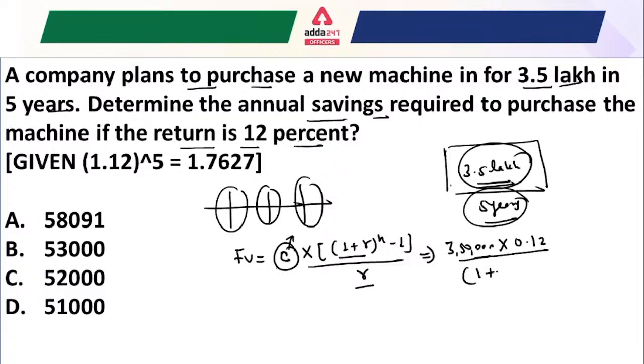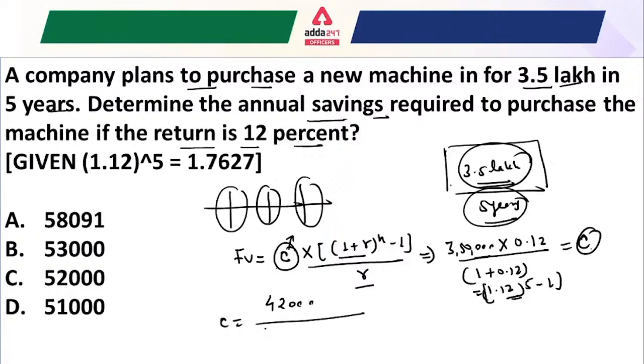So this will be 1 plus 0.12, which we can also write as 1.12 to the power 5, minus 1, okay. So now we only have to solve for the cash flow. If we multiply 3,50,000 into 0.12, what will be the value? Just calculate that; this value would be 42,000, okay.